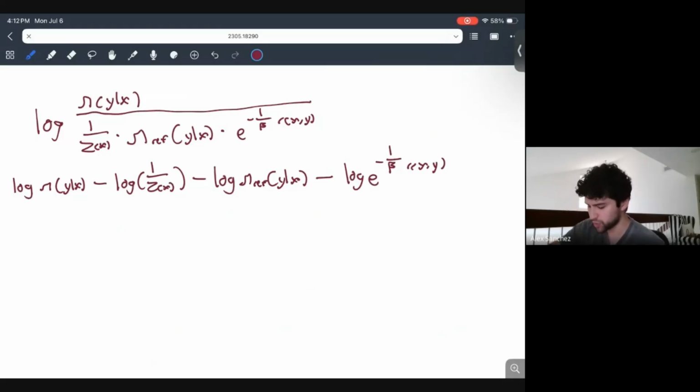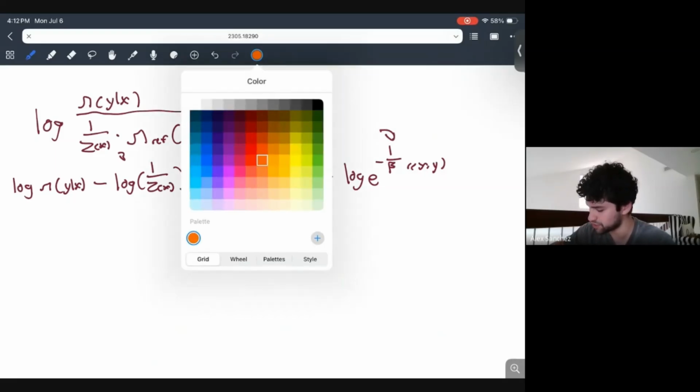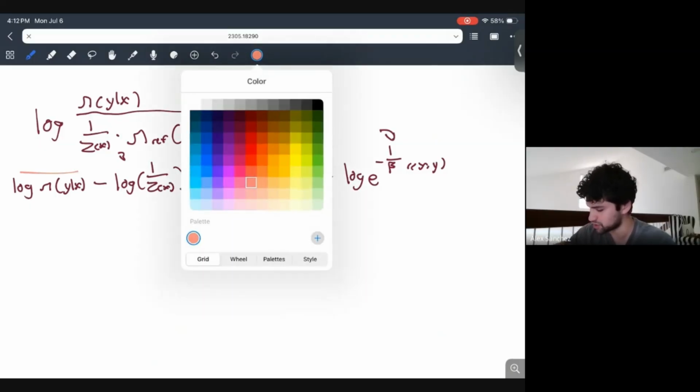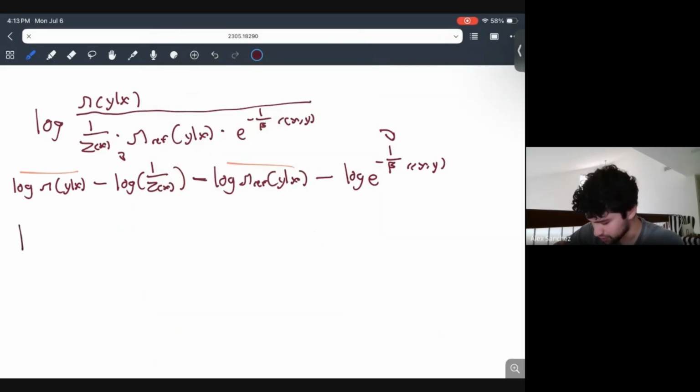Now we can flip this into a positive, and turn this into what it used to be. For the subtraction of these two, we're going to keep it as a logarithmic division.